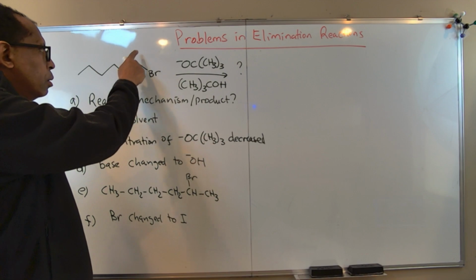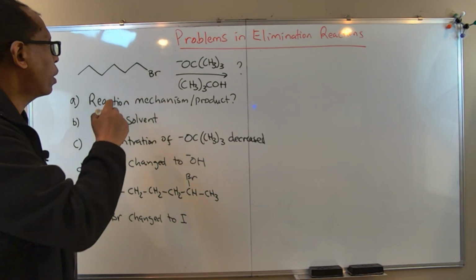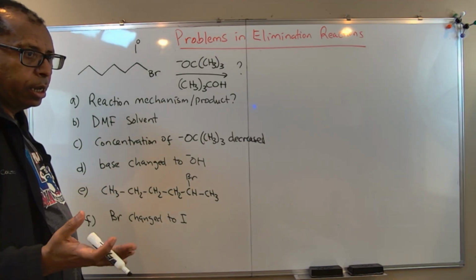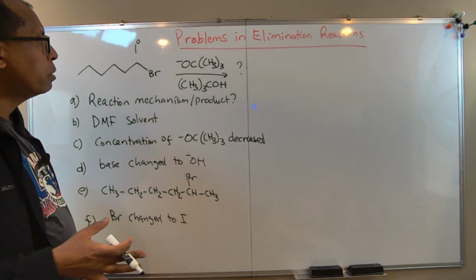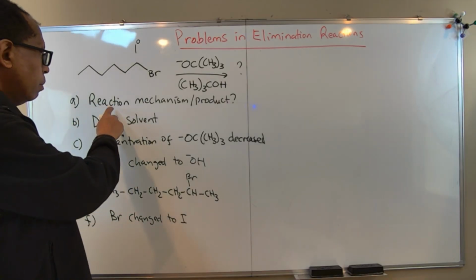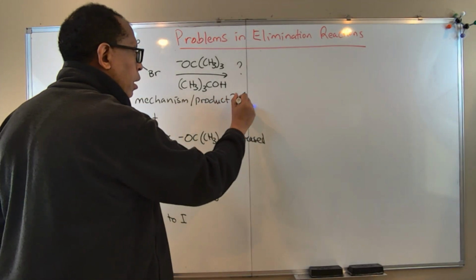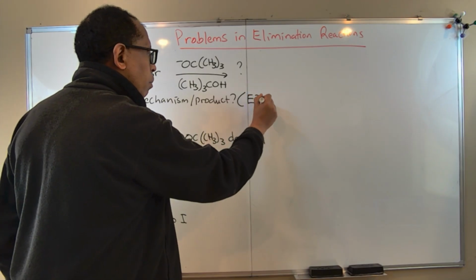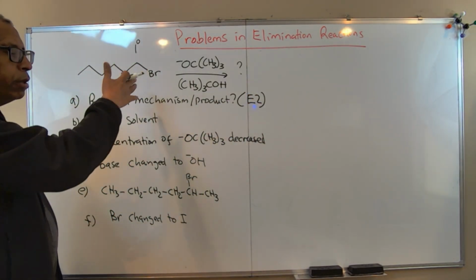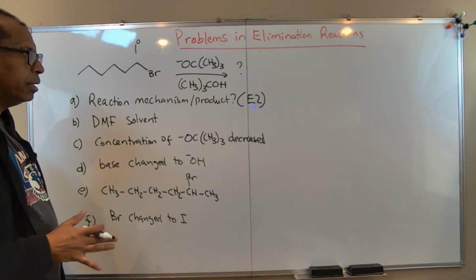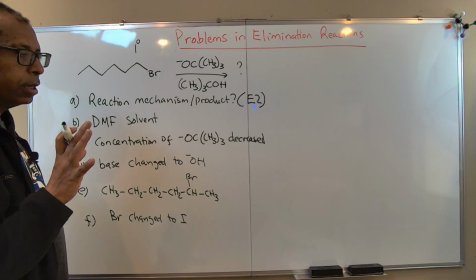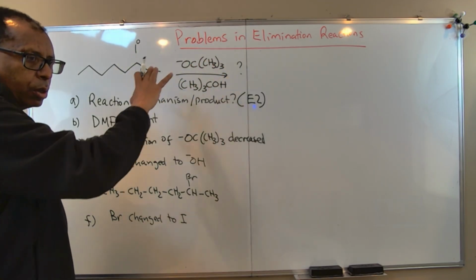Obviously, this is a primary alkyl halide, and a primary alkyl halide exclusively undergoes an E2 reaction. So the mechanism for this should be an E2 mechanism. That means abstraction of the hydrogen and the leaving group leaves simultaneously. So this is E2. Remember now what I said: you have a very strong base.